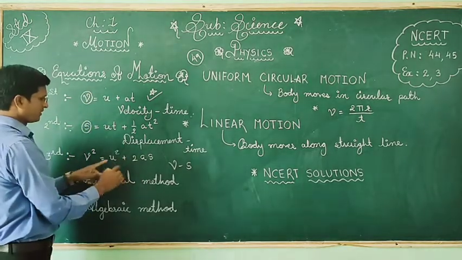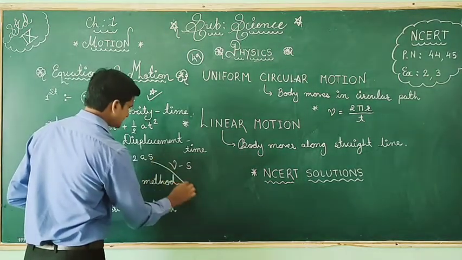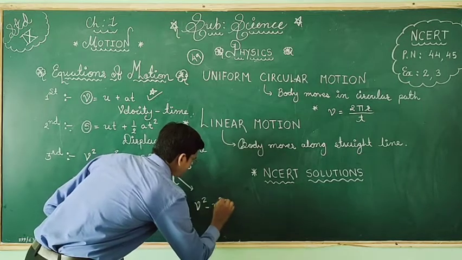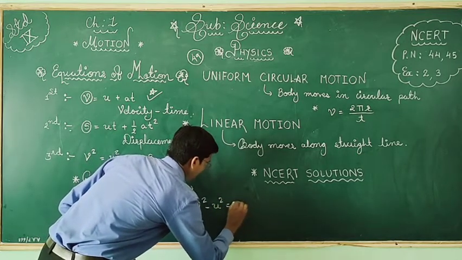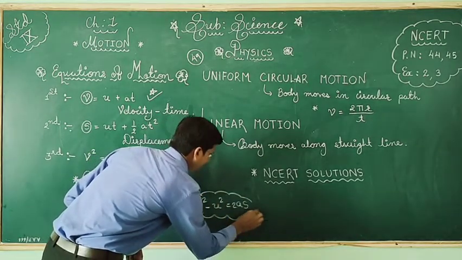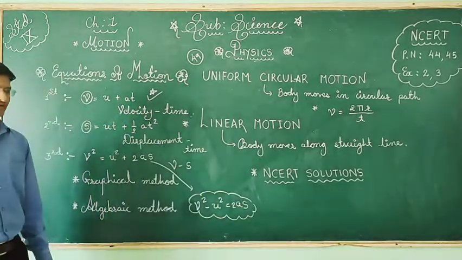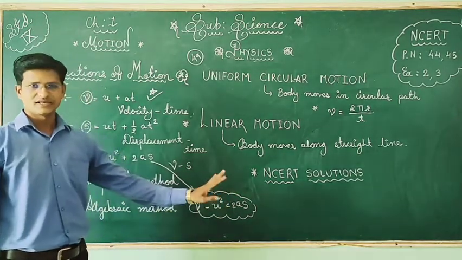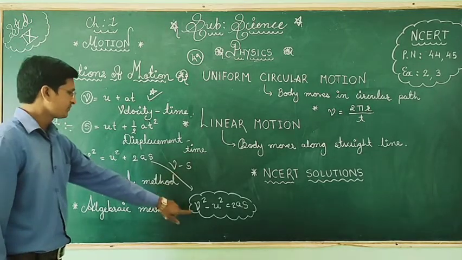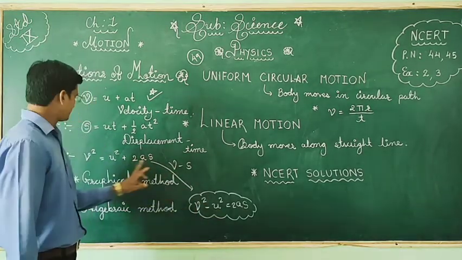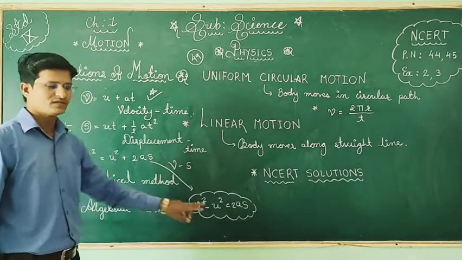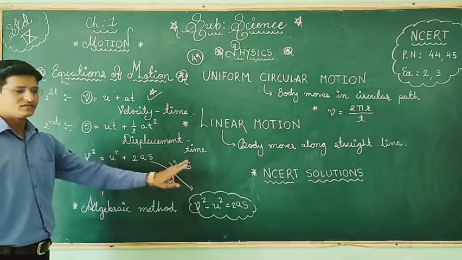You can also write it in such a way that v square minus u square is equal to 2as. That shows the relation between velocity and displacement.